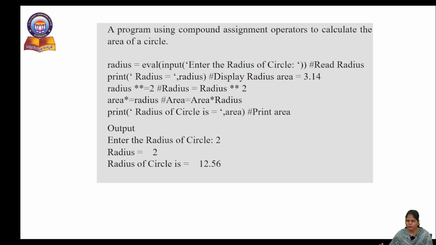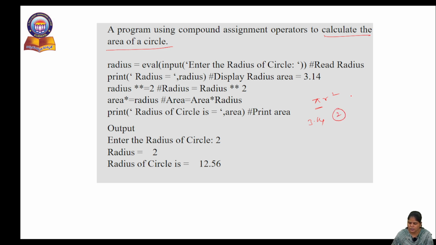Now the program using compound operators to calculate the area of a circle. The area of a circle is pi r square. For pi I have taken the value as 3.14, and the radius is considered as 2.